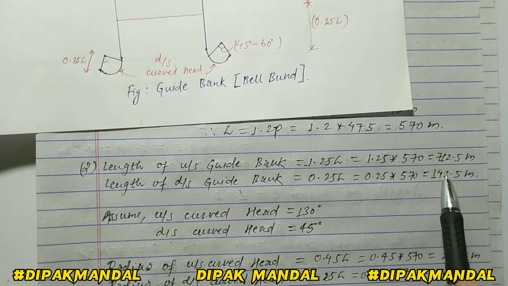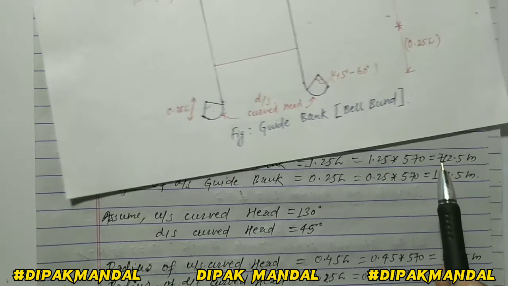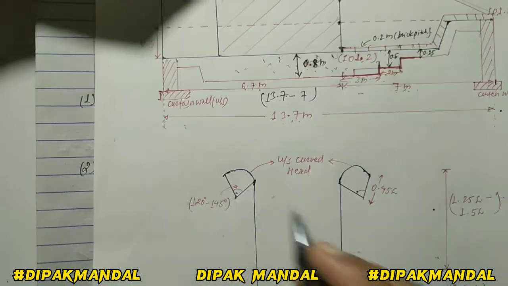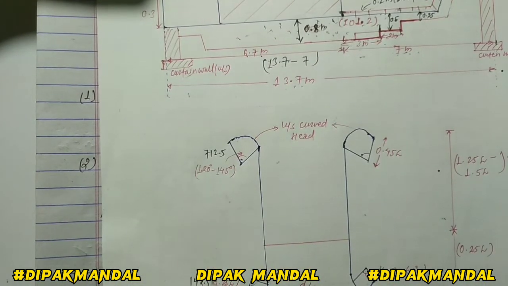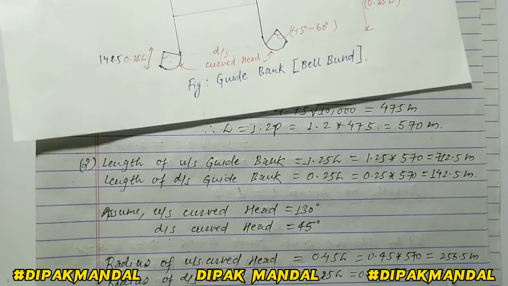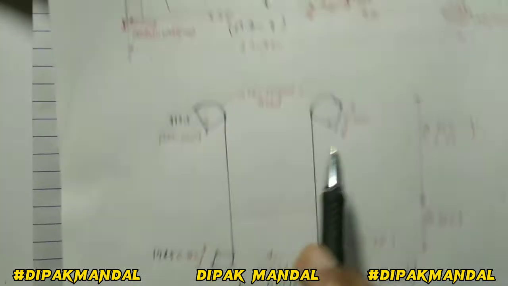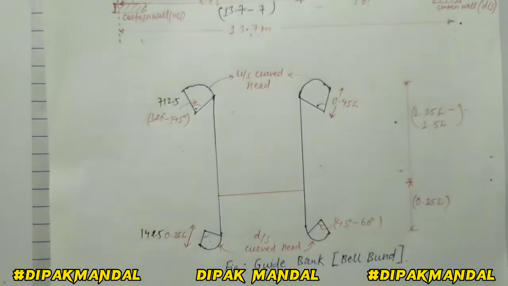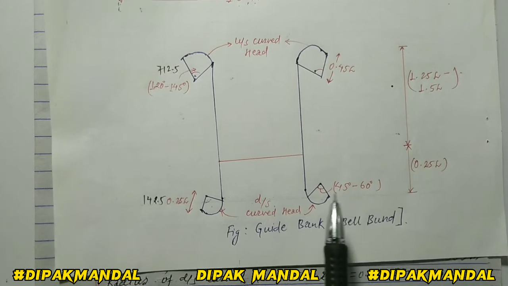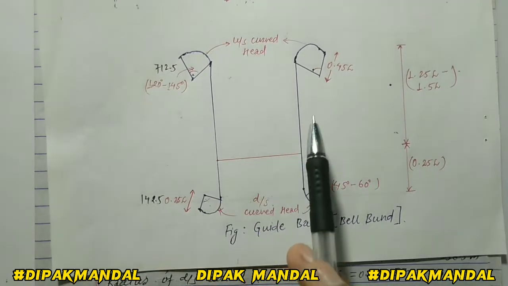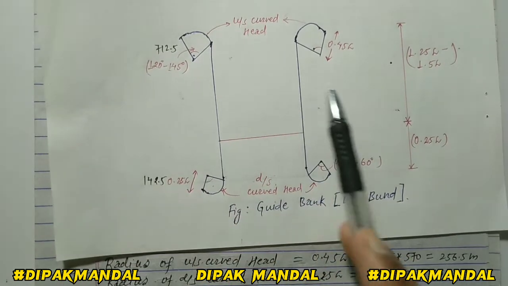You have to show this value in the figure: this is 712.5 and 142.5. We have to show all these values in the figure. This figure is also very important from the examination point of view. In the examination we must provide this figure with the different parameters shown in it.